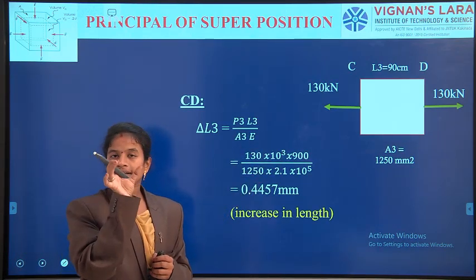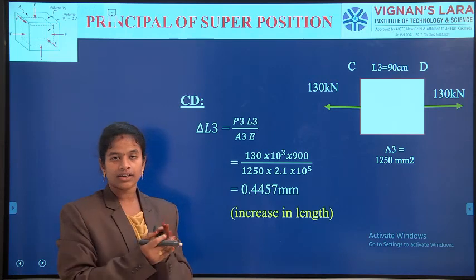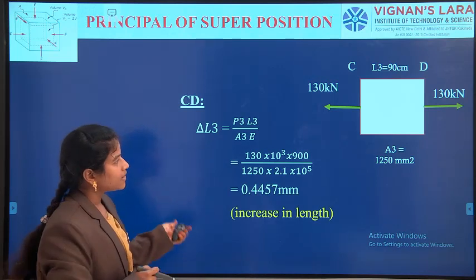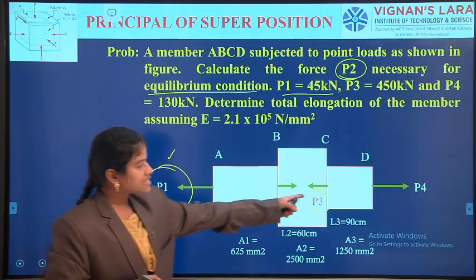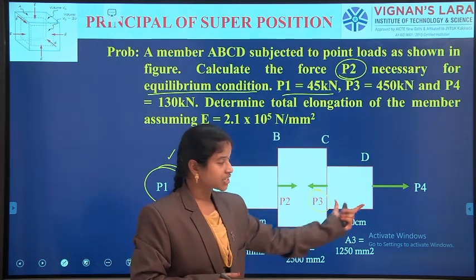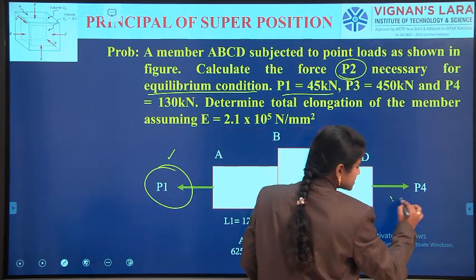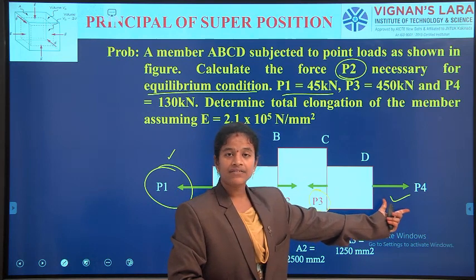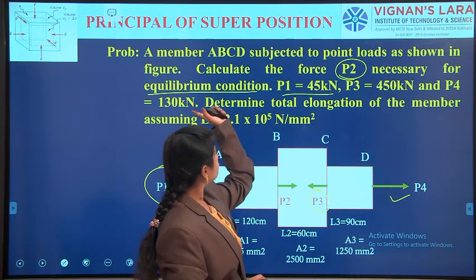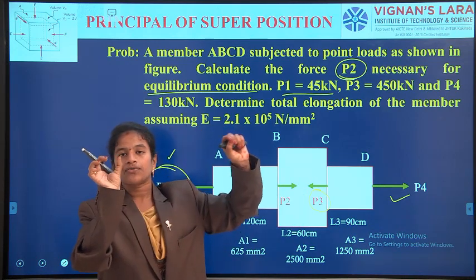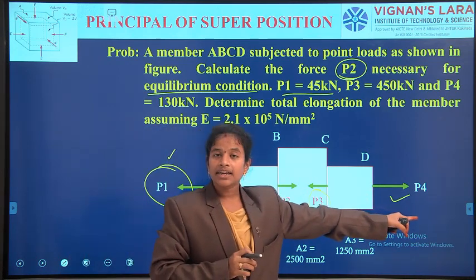Why am I not taking the center one? Later you can come to know, because that is somewhat complicated to take the force. And when we observe this CD portion, here also this directional force is fixed. Okay, in this direction I am having P4 with a value of 130 kilonewton. CD segment tensile load P4, that is 130 kilonewton.